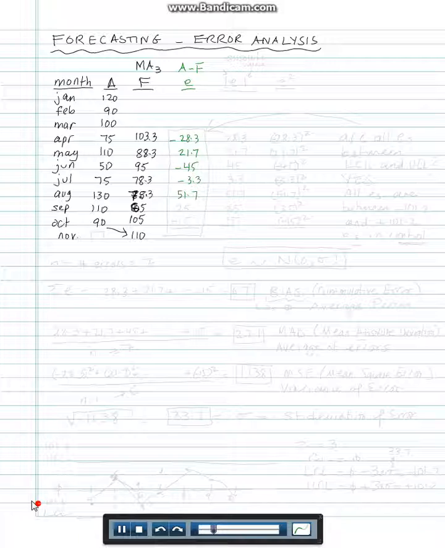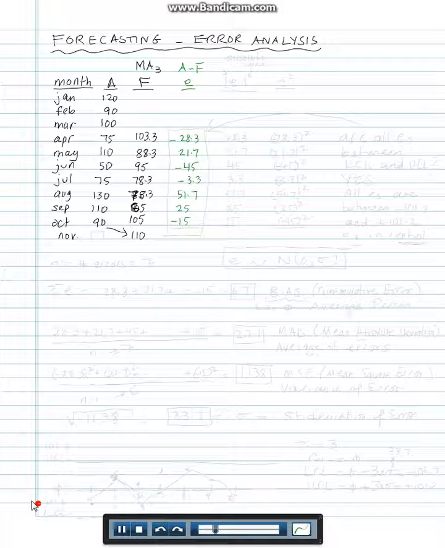For September, 110 minus 85 is 25. For October, it is 90 minus 105, which is negative 15. So what you notice is that sometimes the errors are positive and sometimes they're negative. Sometimes you over-forecast, sometimes you under-forecast.